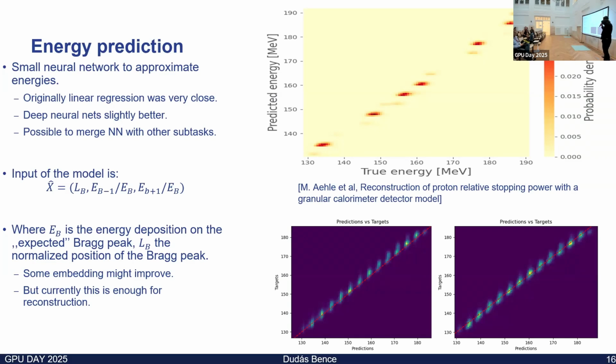I never tried other kinds of energy predictions in other detector systems, because currently the data was prepared in this manner for pCT, because it uses the Bragg peak position and the energy is normalized by the Bragg peak's energy.